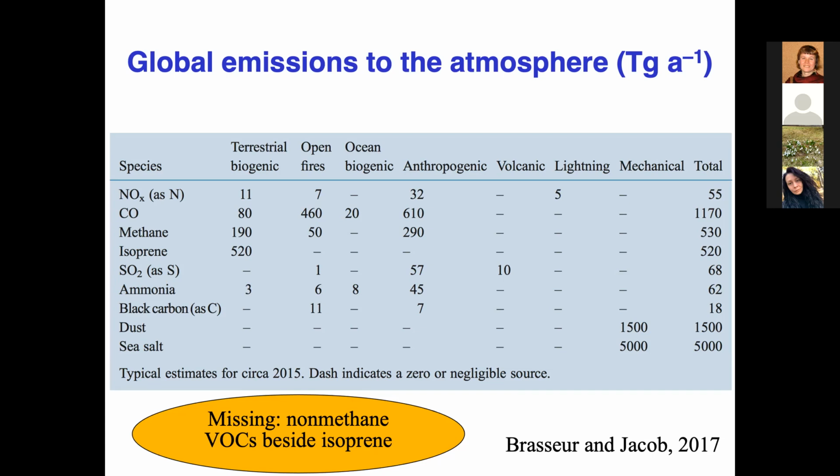I have not asked them, but I guess because both of them are more coming from the chemistry side. They're both atmospheric chemists. They were not so interested in aerosols, and for this reason, maybe they neglected how much emissions we have of all the other VOCs, besides methane and isoprene. But I will talk about them.